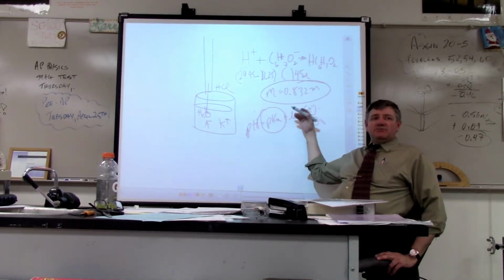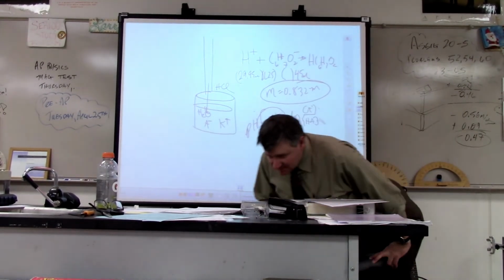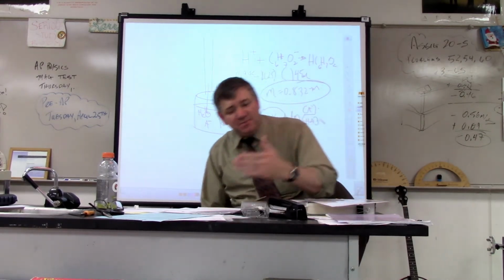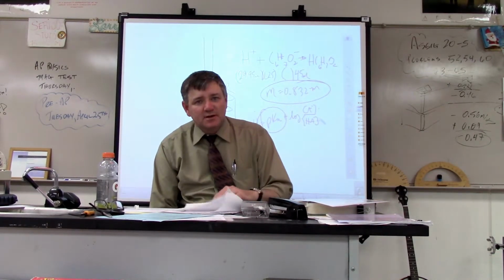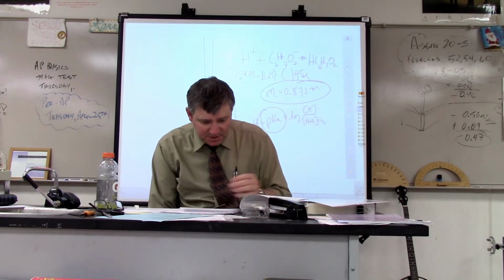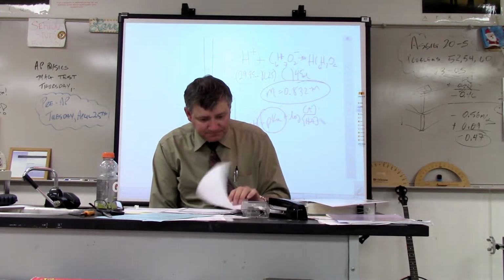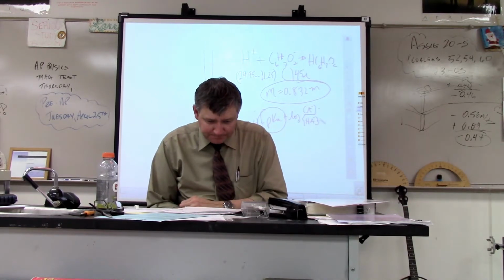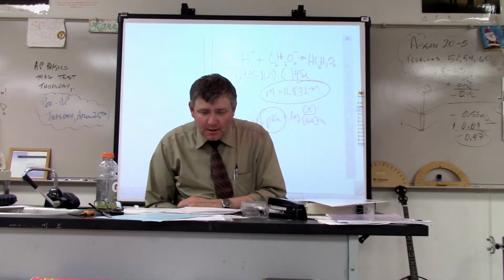So your pH equals your pKa. Yes. So how are you going to find the pKa value? Take the negative log of 1.7 times 10 to the negative fifth, which should get you 4.77.